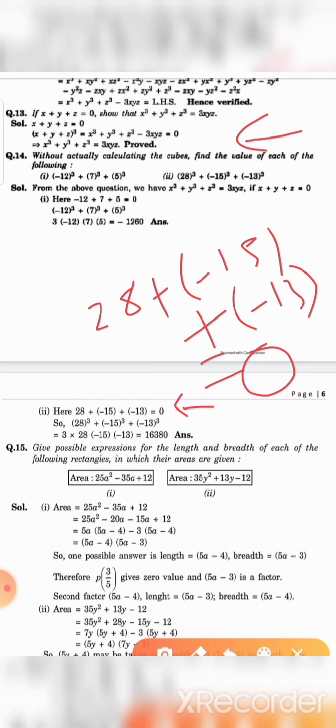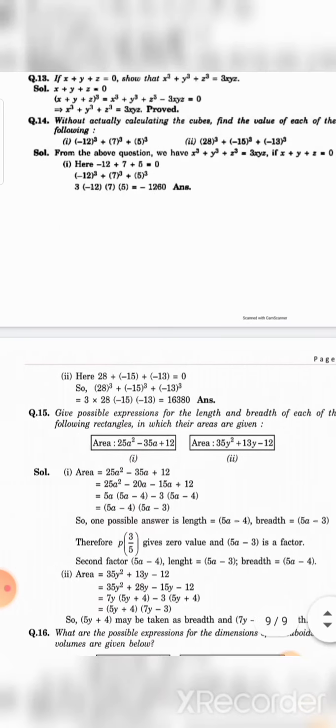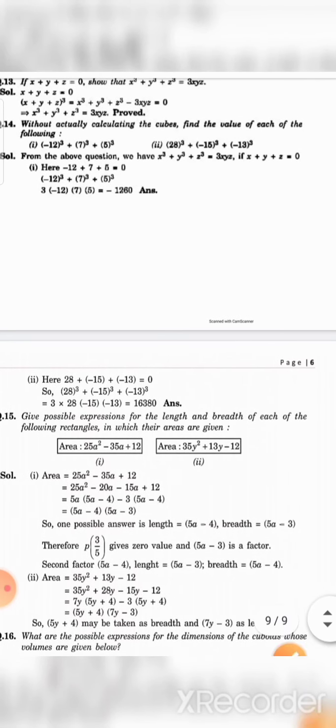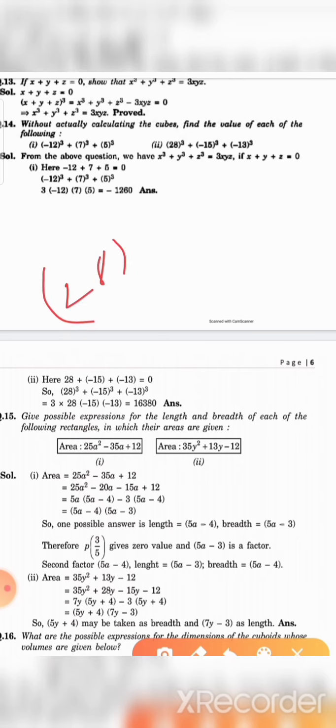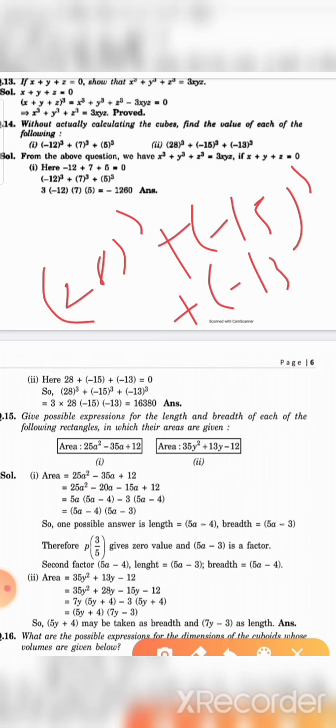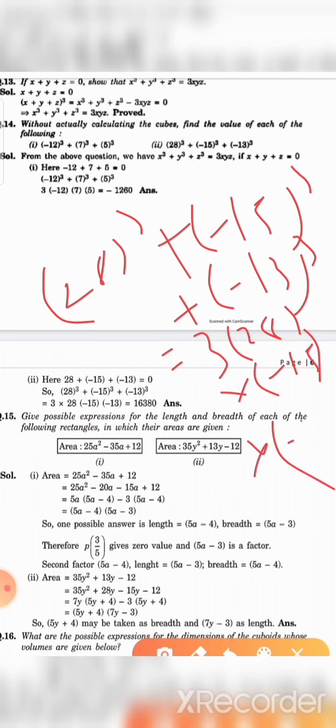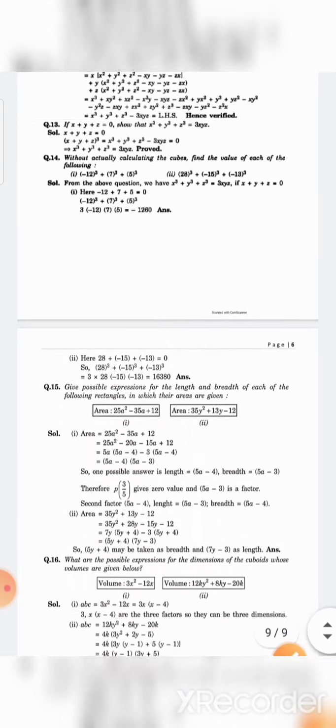So the cube sum of 28 cube plus minus 15 cube plus minus 13 cube is given by 3 into 28 into minus 15 into minus 13. Multiplying, minus times minus is plus, so the answer is positive 16,380.